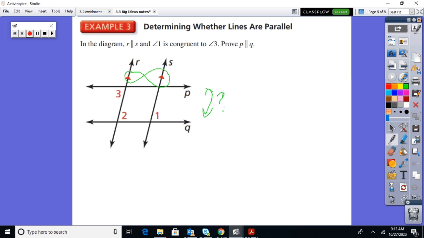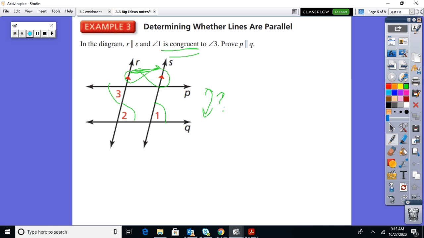Well, since it's given that these two are parallel, I can go back and forth with all my relationships between R and S. So let's see. I know that 1 would be the same as 2 because they're corresponding, and that's legal because it's given. They also told me that 1 was congruent to 3.